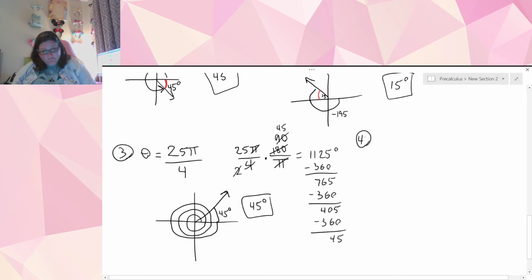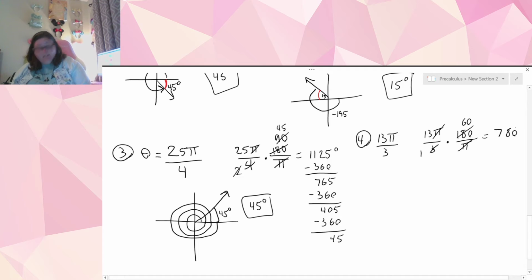So next one, we have 13 pi over 3. I don't know what angle that is, so I'm going to change it to degrees. I do 180 over pi because I'm trying to get rid of pi. 3 goes into 180 60 times, so I'm doing 13 times 60, which is 780.